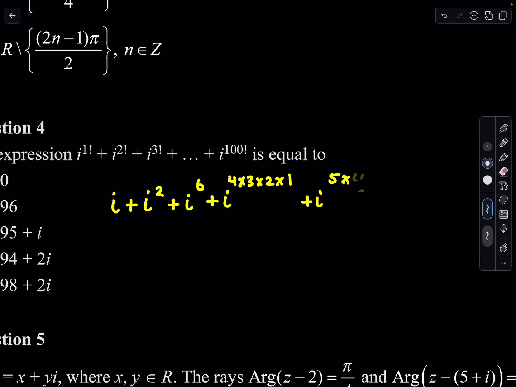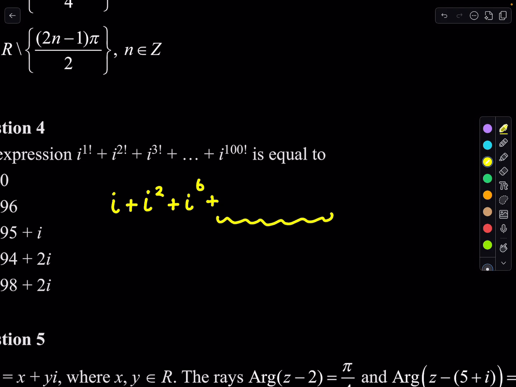So guess what? If you break it down, we know the rest of the terms after this, until you reach 100 factorial, are all going to be 1, by the way. So think about it like this. We already have 3 terms here. We're reaching 100 factorial, so there has to be 97 left.